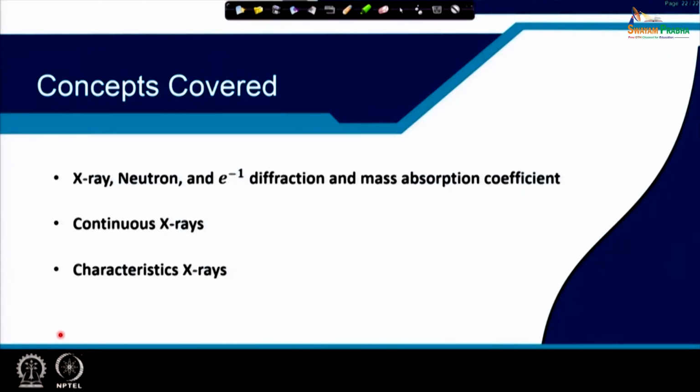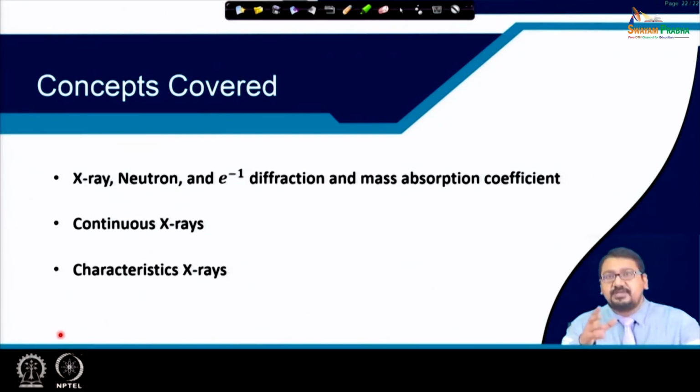The concepts that will be covered are X-ray, neutron and electron diffraction and its mass absorption coefficient leading to its penetration depth, and how continuous X-rays are produced and how the characteristic X-rays are produced.